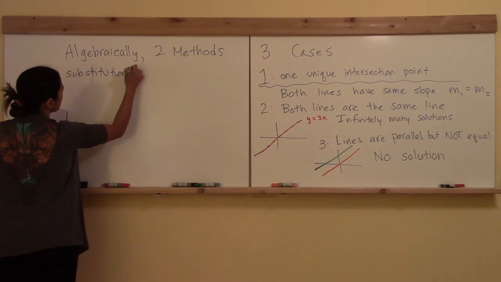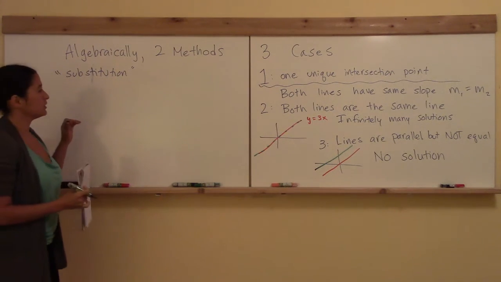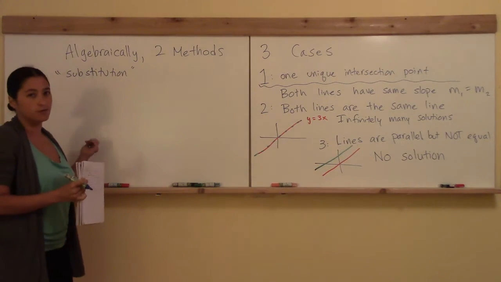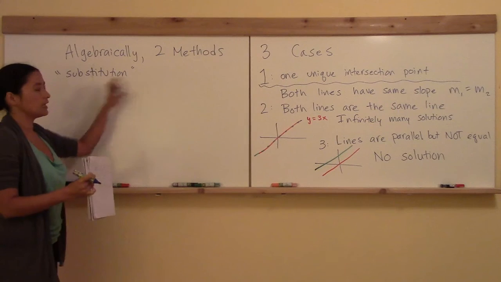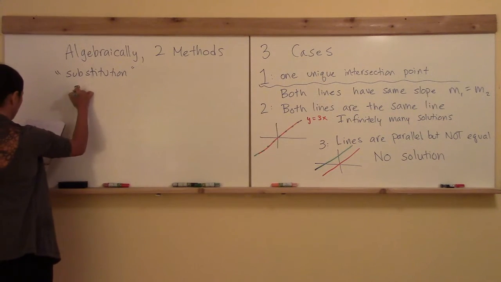Substitution. And in the method of substitution here, what you're going to want to do is you're going to have 2 different equations. You take one of the equations and solve it for one of the variables in terms of the other, and then you take that information and plug it back into the other equation. Okay, so I'll start us out with an example here.